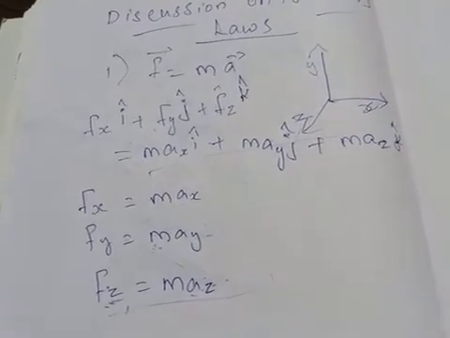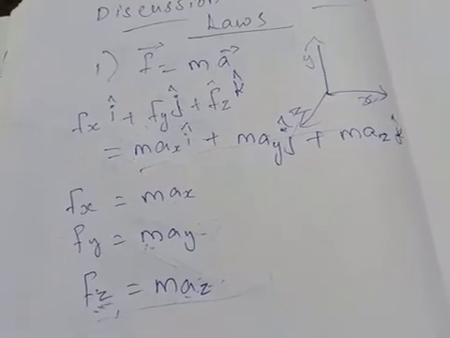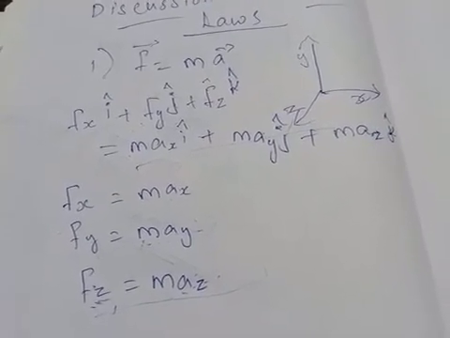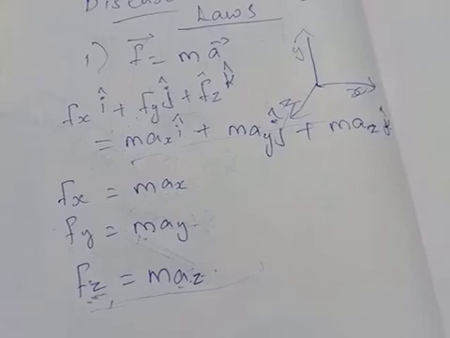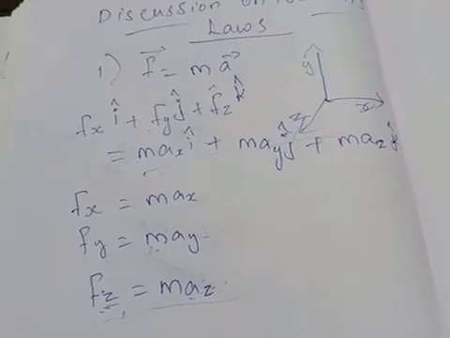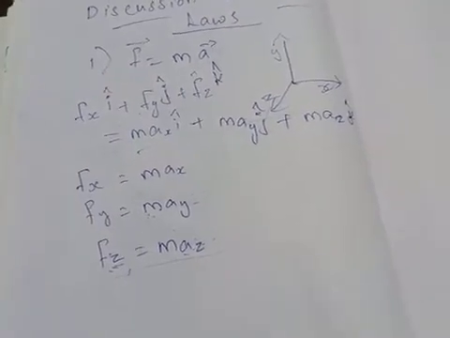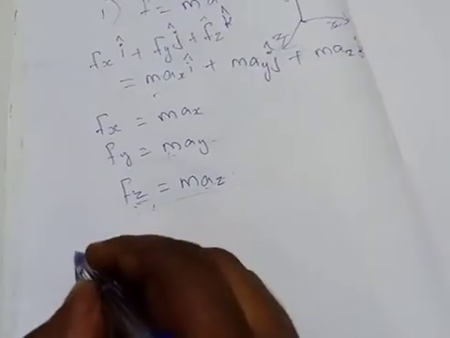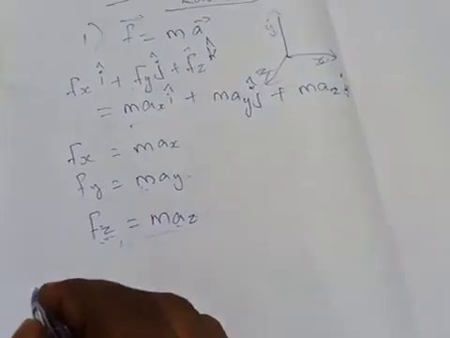Comparing the left side and right side, we get Fx equal to m ax, Fy equal to m ay and Fz equal to m az.